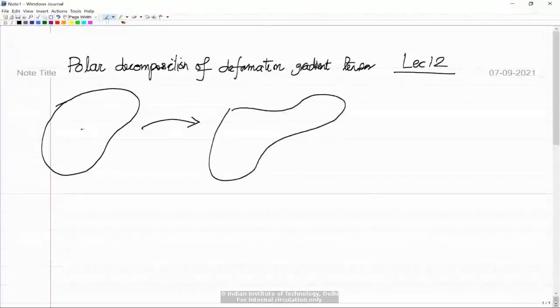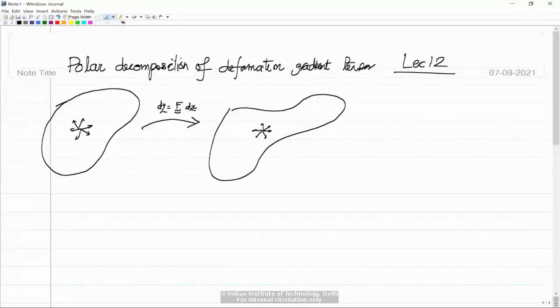Locally you have these infinitesimal line elements and they get mapped through the deformation gradient. So we say that dy is equal to big F dx, and this local map is invertible. So for every small dx, there is a unique small dy. There is a one-to-one correspondence between the material line elements in the two configurations, which means that this big F has to be invertible.